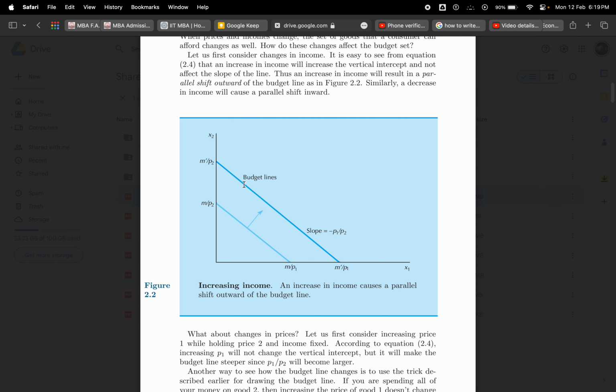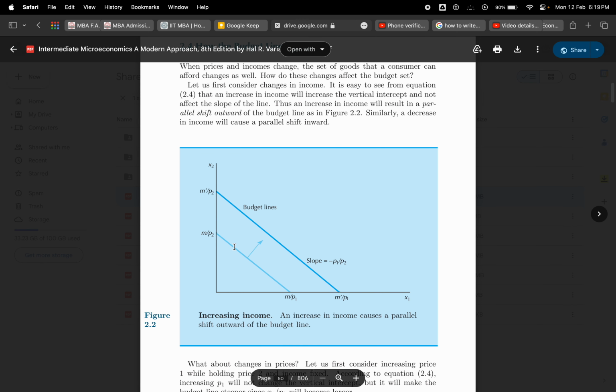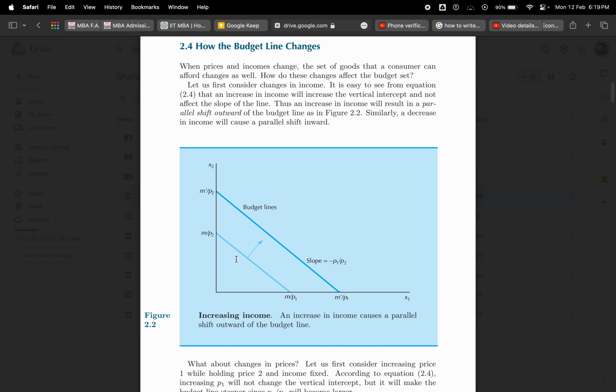I have not seen lump sum tax in real life. I have to check examples where it's applicable. So the budget line shifts inwards because now you just have 90 rupees to buy both oranges and apples. So by 10 rupees, you have shifted inwards. And with subsidy, if let's suppose there's a lump sum subsidy, then the budget line would shift outwards because then instead of having 100, you'll have 110.